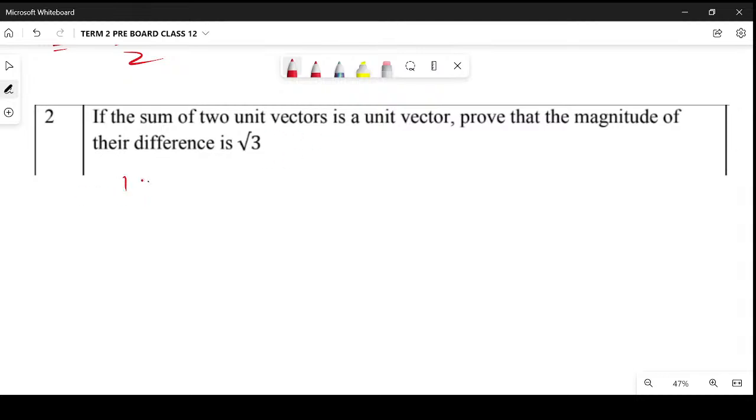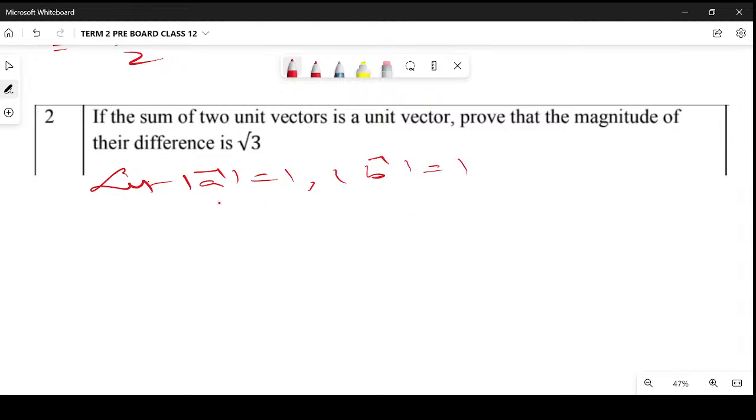Let the two unit vectors be a bar and b bar, so mod a bar is equal to 1 unit and mod b bar is equal to 1 unit.